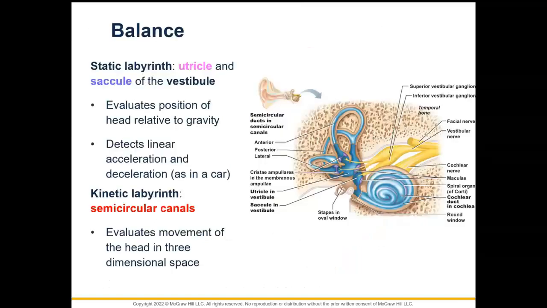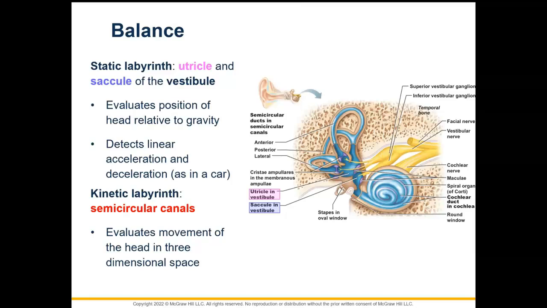And the last thing we'll talk about is balance. So here we have our static labyrinth, which consists of the utricle and the saccule within the area of the vestibule. This is going to help evaluate the position of our head relative to gravity and detect linear acceleration and deceleration.